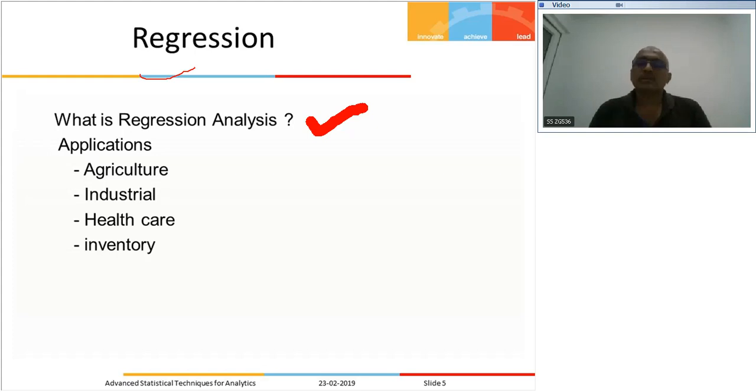So how do we answer this query? We take data from the past where we have these two variables, one is income and the other is expenditure. Then we use an appropriate tool to establish and come out with an answer.